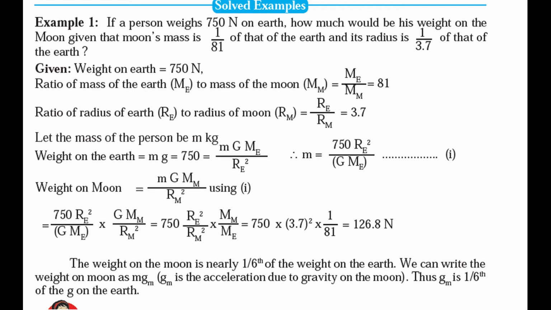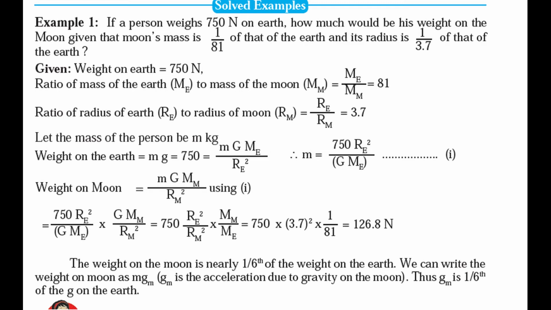Now they've given the weight on the Earth, which is 750 Newton. The ratio of the mass of Earth to mass of Moon, that is ME to MM, is 81, and the ratio of the radius of Earth to Moon is 3.7.